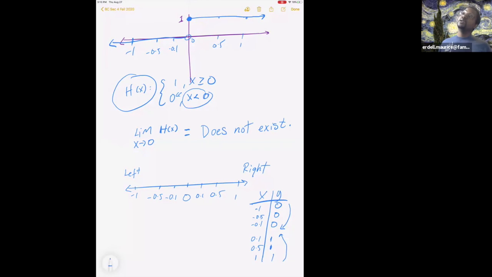Most of the time, when you work stuff out, it works out just fine and you get that limit. But every once in a while, you run into a function where the numbers aren't squeezing towards the same value. And when that happens, the limit will not exist.